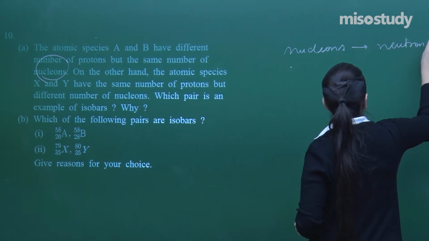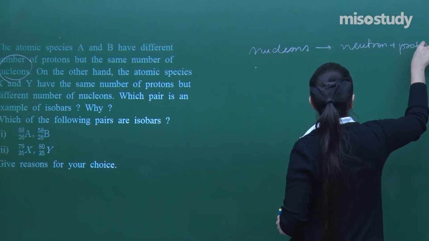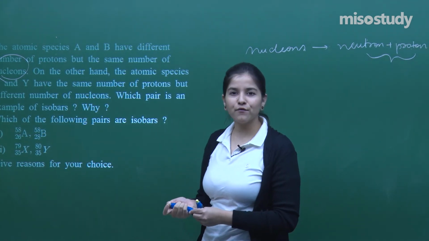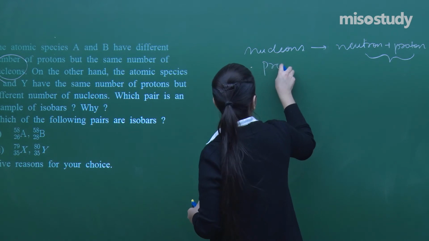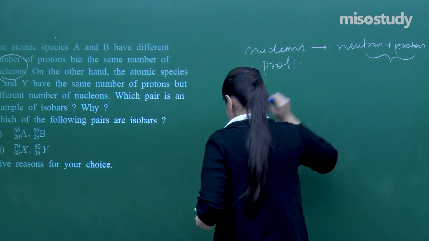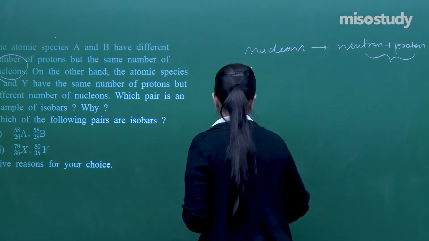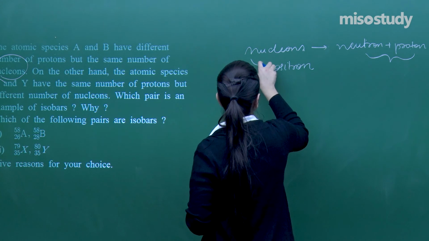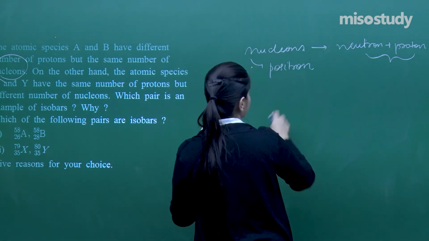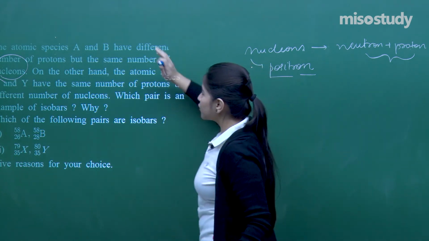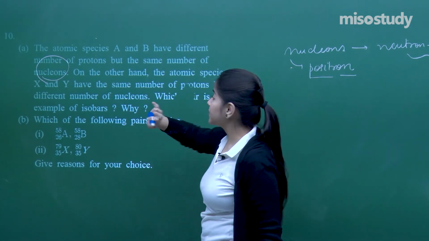Neutron plus proton is nucleon, altogether the nucleus. Another name is positron, having protons and neutrons in it. Now you have come across this new term and you have learned about it.